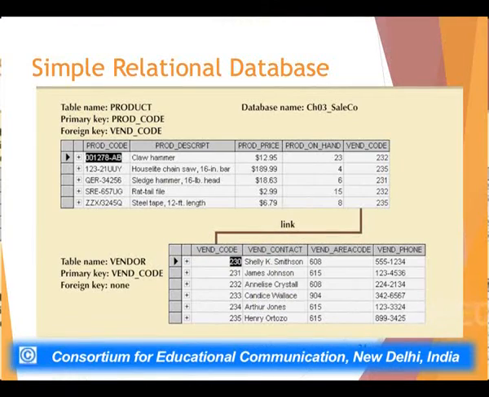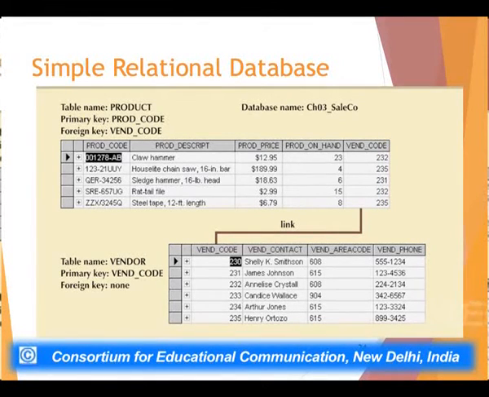Now, this diagram represents a simple relational database where we are showing two tables. The first table is the product table, where the primary key is the product code. The second table is the vendor table, where the primary key is the vendor code. In this case, the vendor code has been used in the product table. Therefore, vendor code, which is the primary key of the vendor table, has been used in the product table as a foreign key.